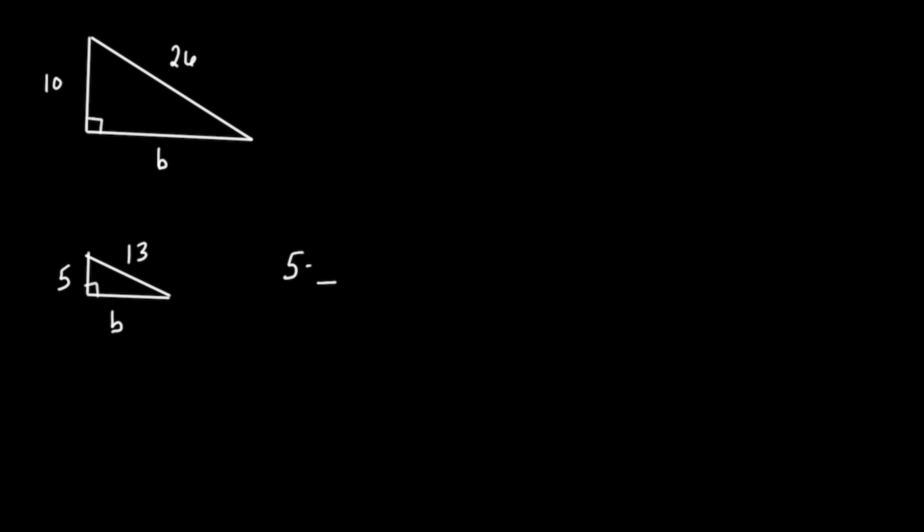I apologize for my artwork. But this is actually a 5, 12, 13 triangle, and you can recognize the top triangle as a multiple of that. So we'll end up with 10, 24, 26 as our triple, and that was quickly solved, just as it would be on those standardized tests where time is so valuable.